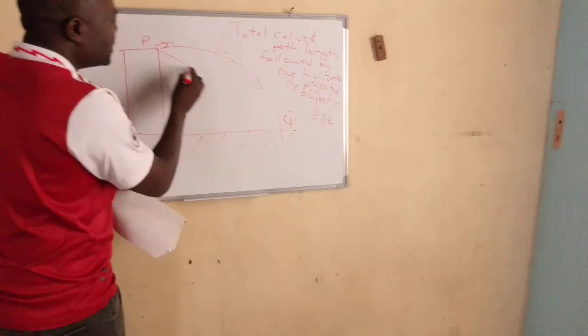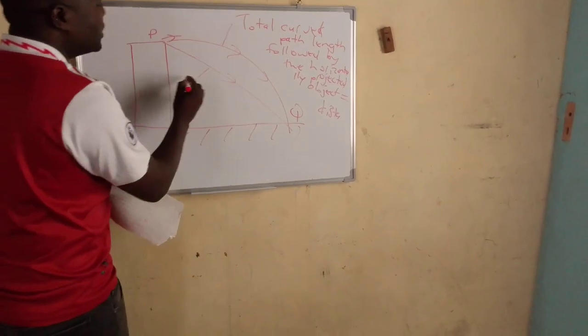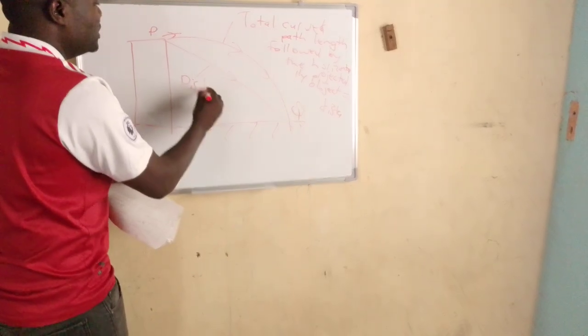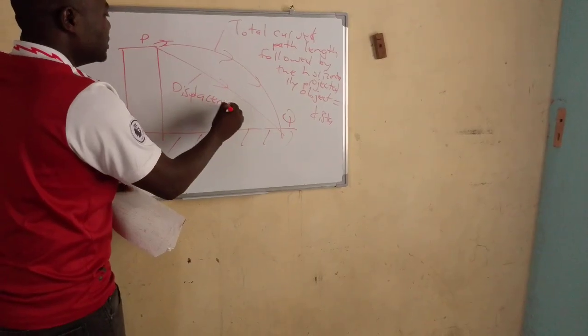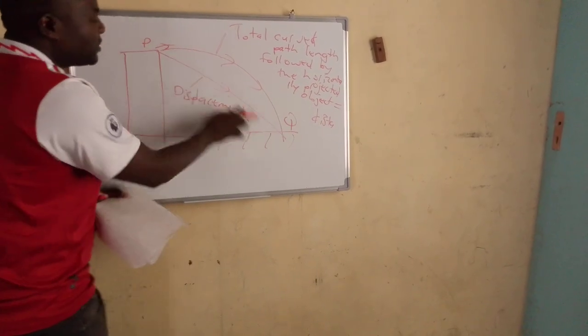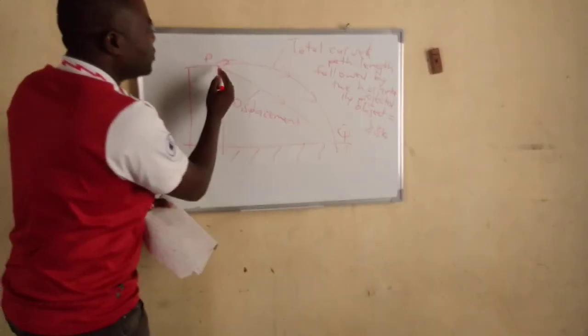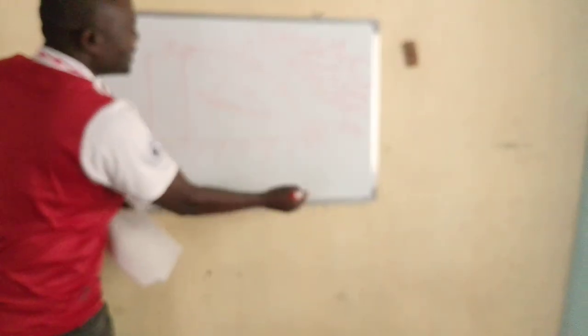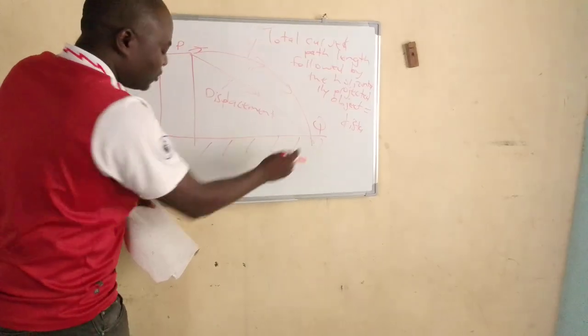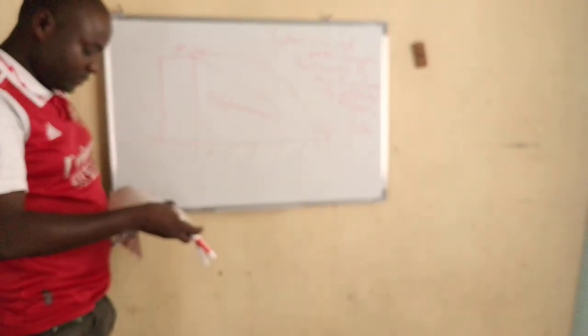Then displacement is directly from P to Q. Again, displacement is shorter than the distance.